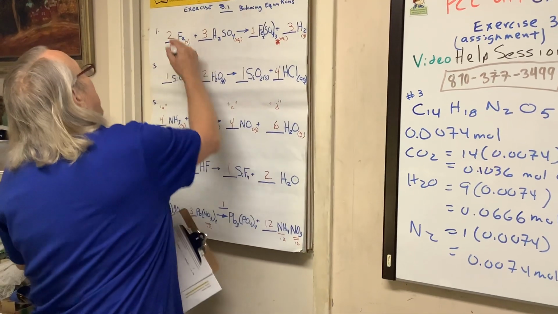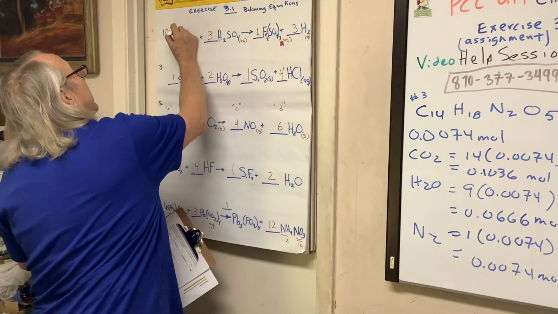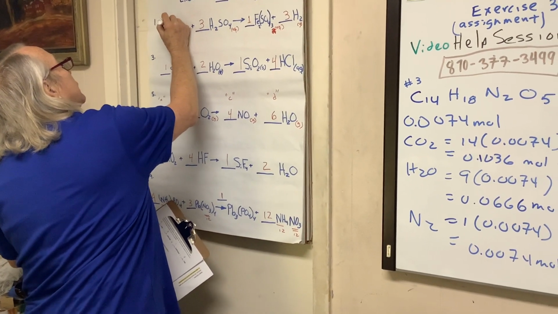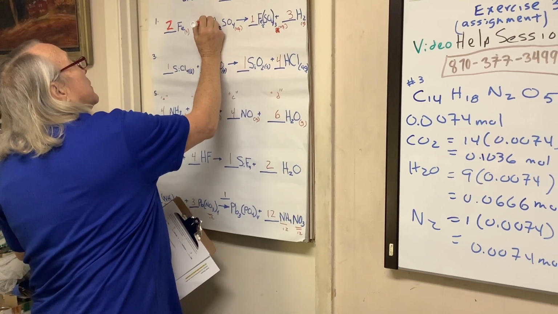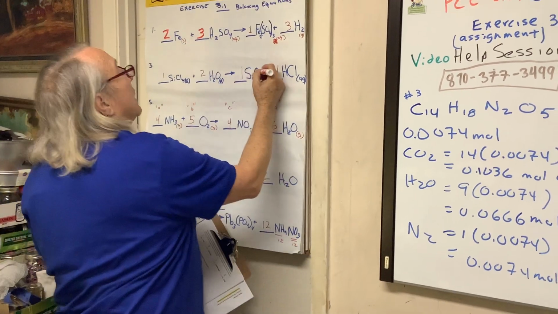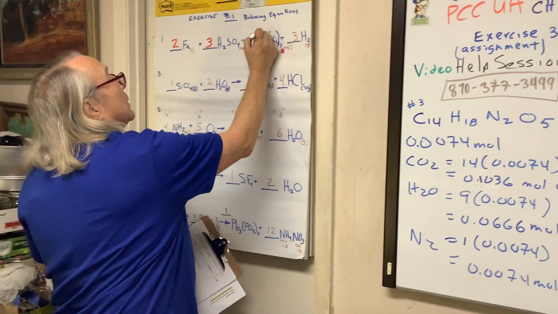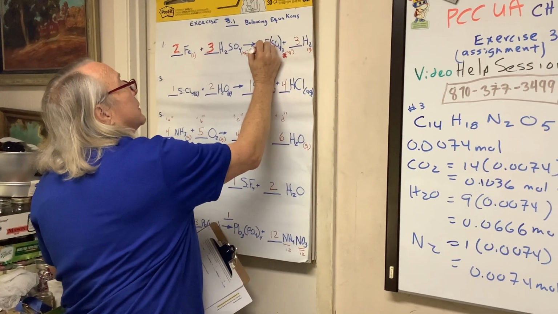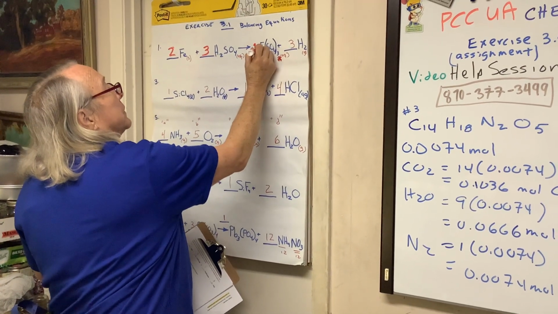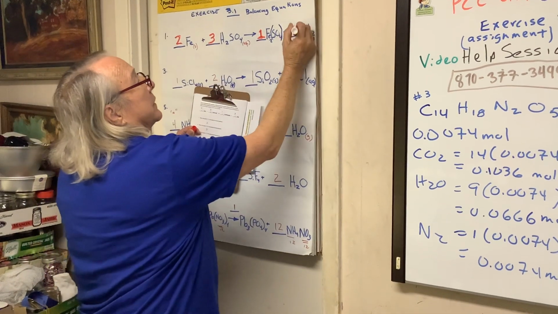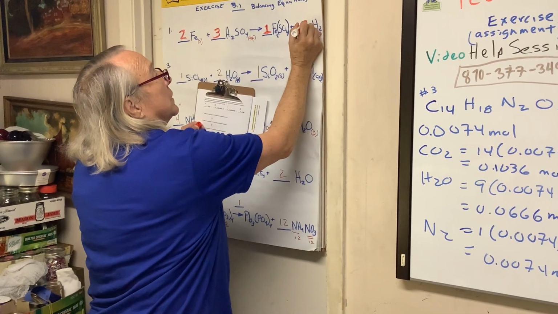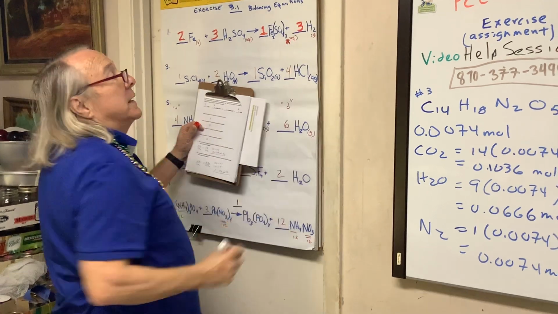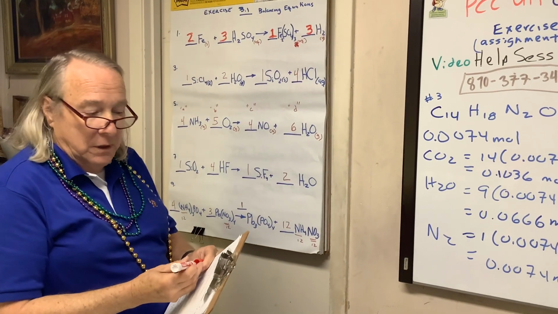And I asked you to balance this, and you saw that when we balanced this, I had 2 irons combining with 3 sulfuric acids to give 1 iron sulfate, common ingredient in iron pills and iron-enriched vitamins, and 3 hydrogen gases.